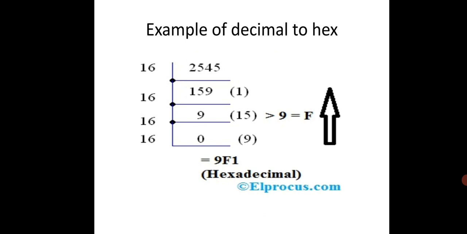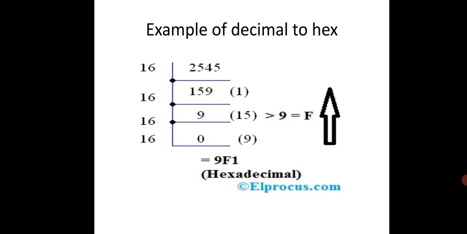Now we will see the conversion of decimal to hexadecimal. The decimal value is 2545.